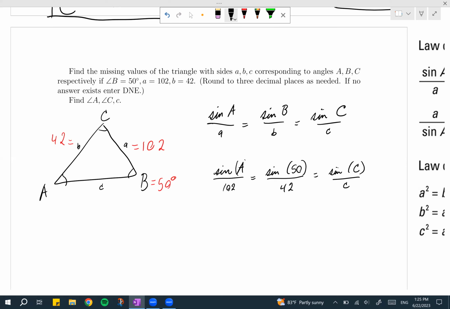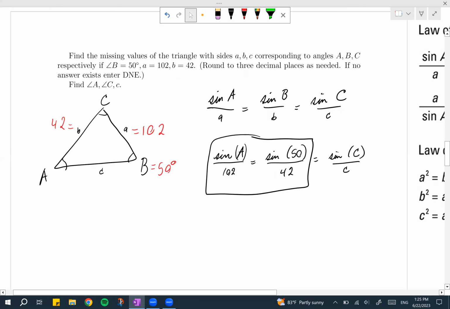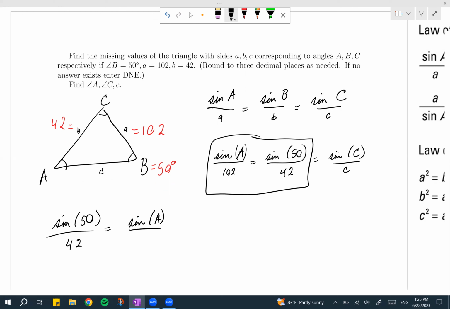Alrighty. The first thing I'm going to do is look at this equality right here because I want to try and figure out my big A. So this says sine of 50 over 42 is equal to sine of big A over 102. I'm going to multiply by 102 on both sides.